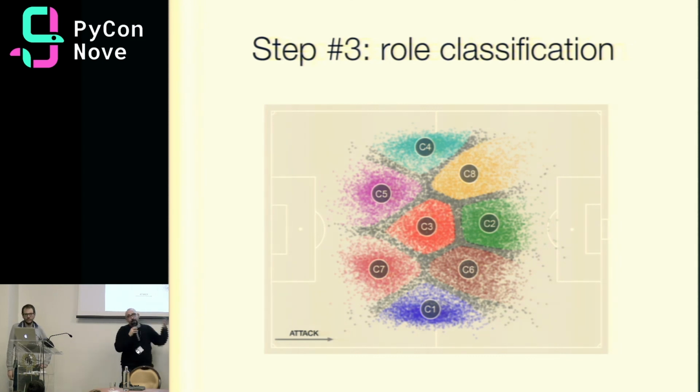You see that probably the famous number 10 in soccer, the numero 10, has something like a hybrid role, because it can be something between C3 and C2, or C8 and C2, like Roberto Baggio, for example. So in this case, when we have a hybrid role, we assign both roles to the player. So if you played here, for us, you played both in C1 and C6. It's a way to codify a hybrid role.